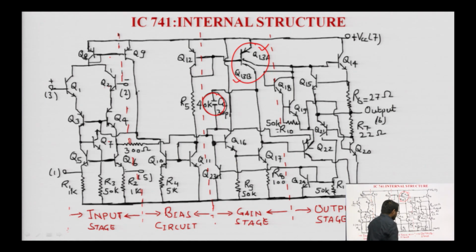Okay. Now, the last part is the output stage. In the output stage we see that Q14 and Q20 are part of the class AB complementary power amplifier, and in all the other things we see Q15 and R6, R7, Q21, Q24, even Q23 and the R11 resistor.